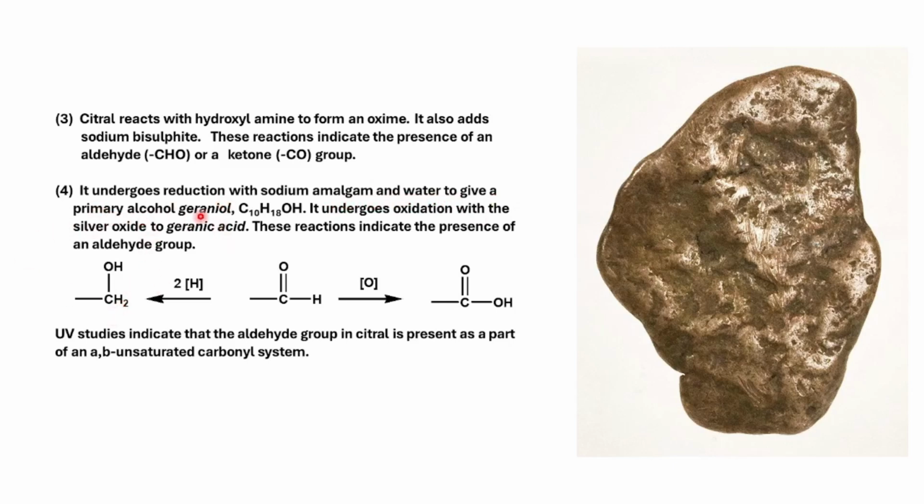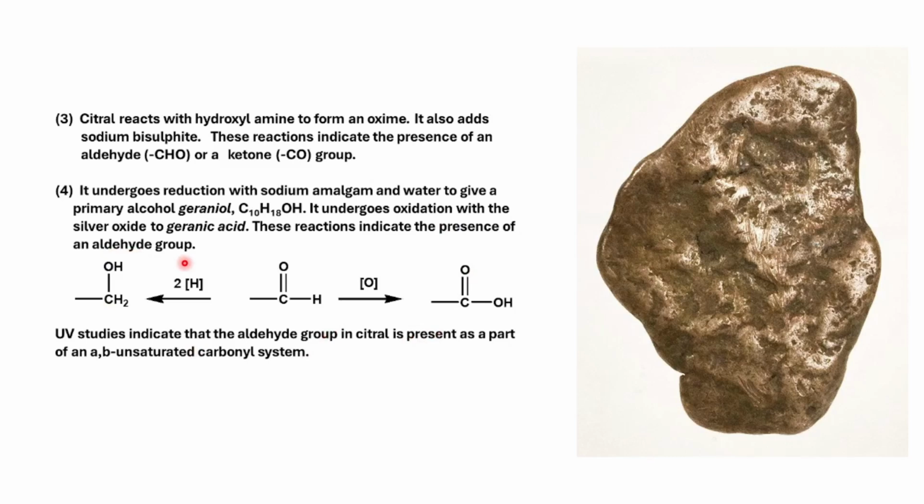Here is the primary alcohol, geraniol, C10H18O. It undergoes oxidation with silver oxide to give geranic acid, a terminal carboxylic acid. These reactions indicate the presence of an aldehyde group in the molecule.